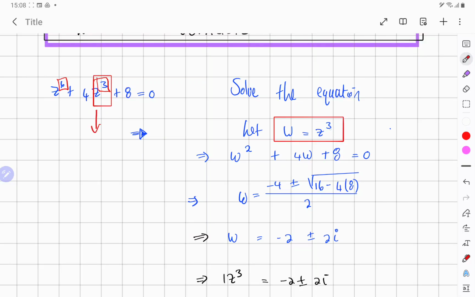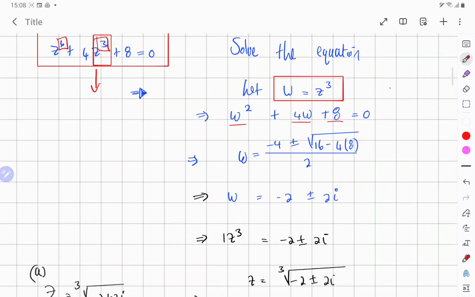So if we substitute w equals z cubed into here, we will get w squared plus 4w plus 8. And what I've just said, you cannot just straight factorize, you will use the quadratic formula.